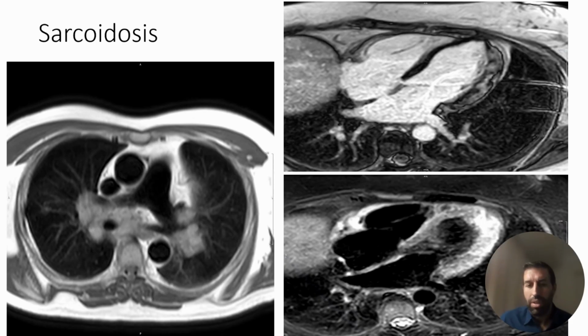As you can see here, we have extracardiac findings like hilar and mediastinal lymph nodes, and at the same time extensive late gadolinium enhancement with edema at the T2 STIR images. And this means that we have an active inflammation.